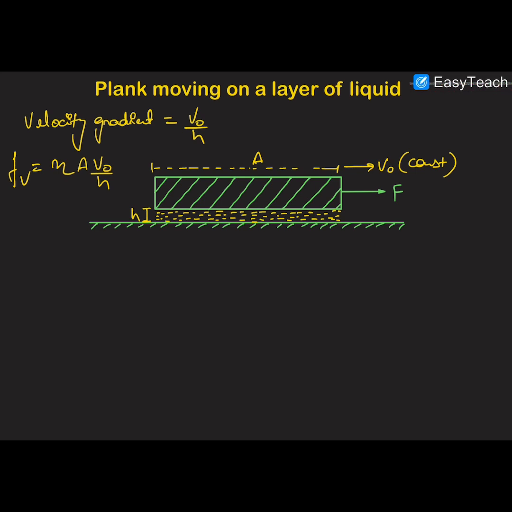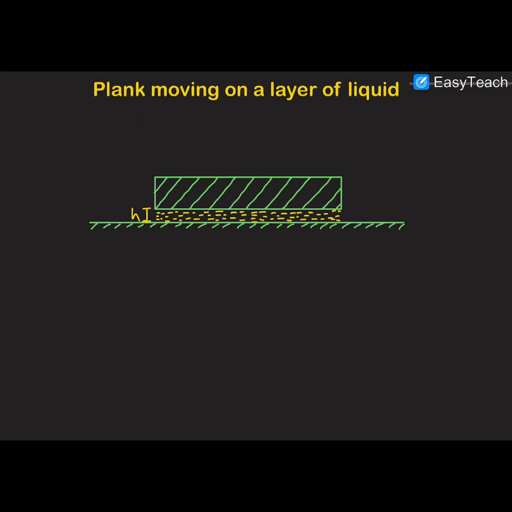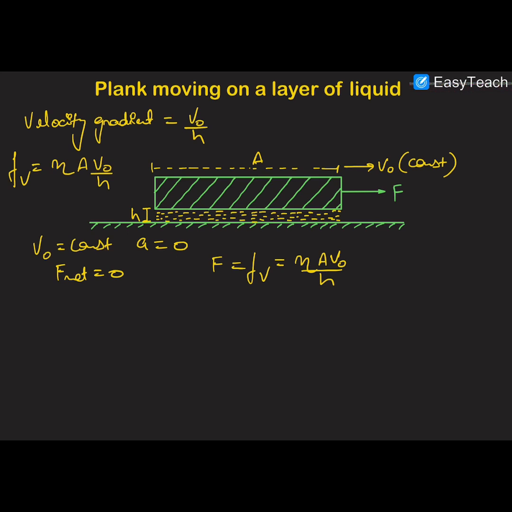So to keep this plank moving with the constant velocity, as v naught is constant, hence we can say that acceleration will be 0, and 0 acceleration means net force is 0, and net force 0 means that applied force is equal to the viscous force, and viscous force is eta A v naught by h. Okay, now this is the first case.